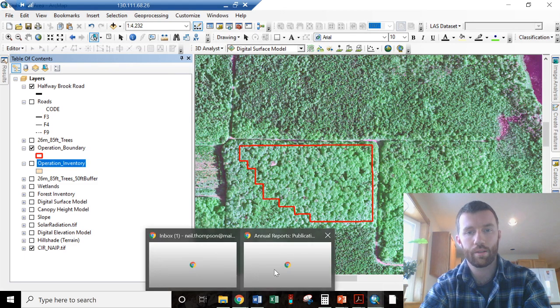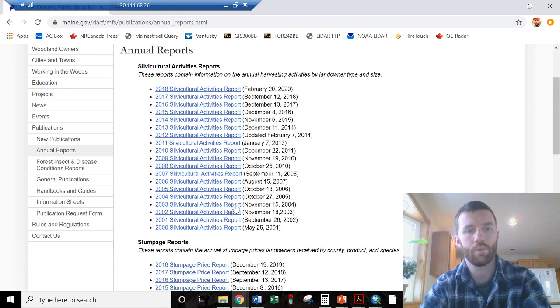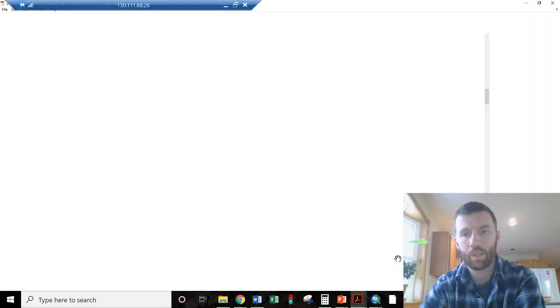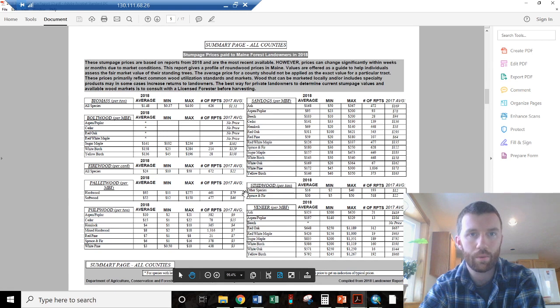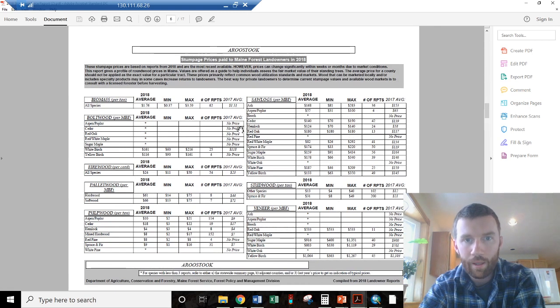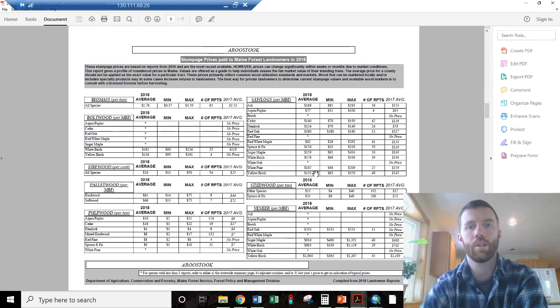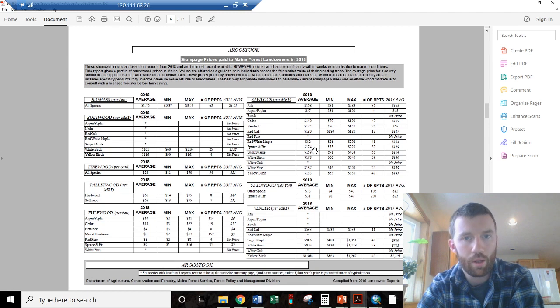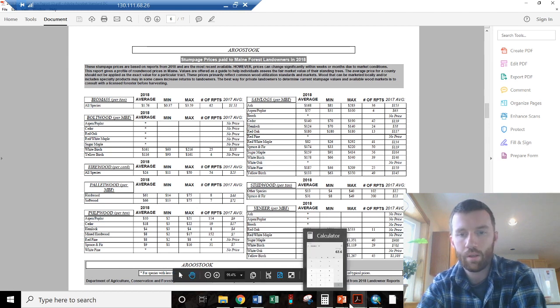And again, let's look at our stumpage report, which lives here, which I've already downloaded twice here. So let's use Aroostook County because that's where we are. And we are looking at sugar maple stumpage, 2018 average. Let's use that, which is $159 per 1,000 board feet, MBF here.